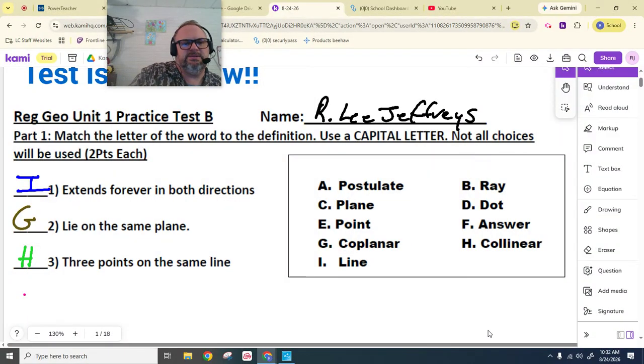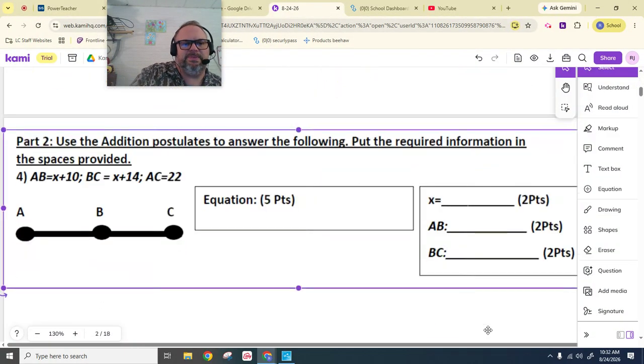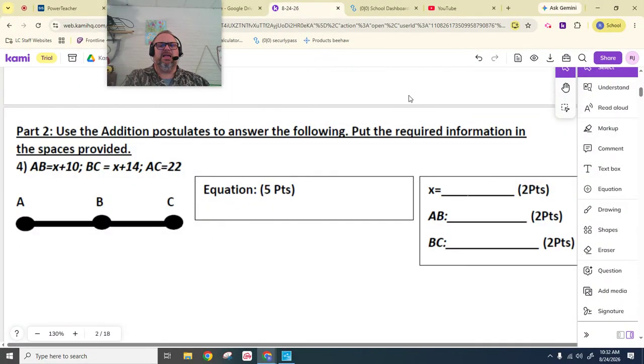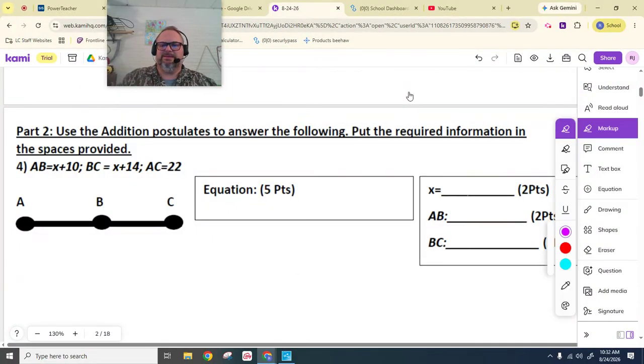All right. So now, in these directions, it says put the required information in spaces provided. And there is a box that says equation. Guess what goes in there?